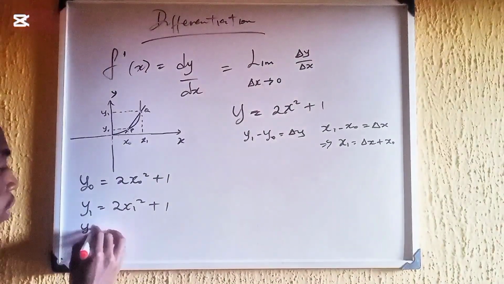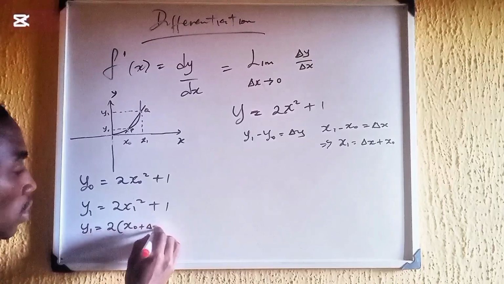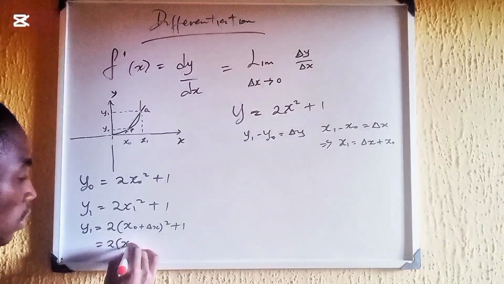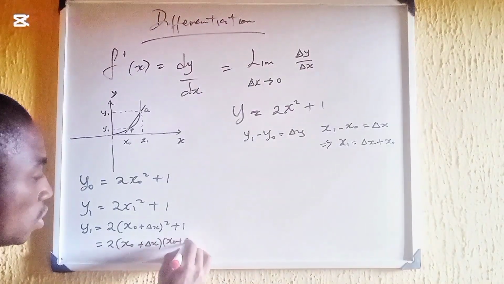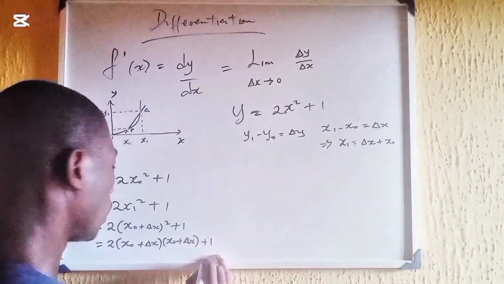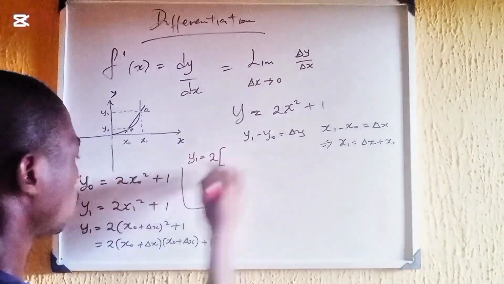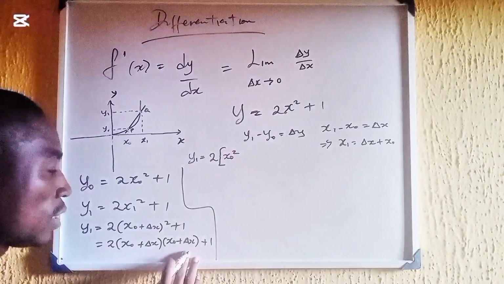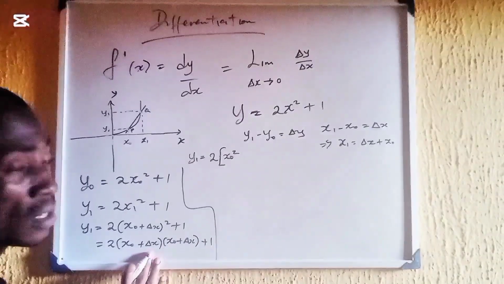So y1 is equal to 2 into (x0 plus change in x) squared plus 1. So this gives us 2 into (x0 plus change in x) into (x0 plus change in x) plus 1. So y1 is equal to 2 into x0 times x0, x0 squared, x0 times change in x, x0 change in x, then x0 times change in x, x0 change in x.